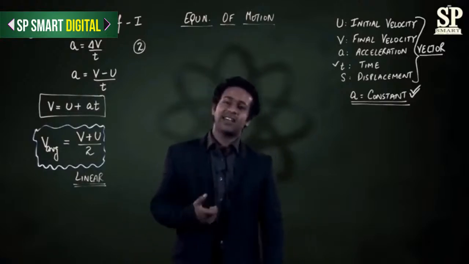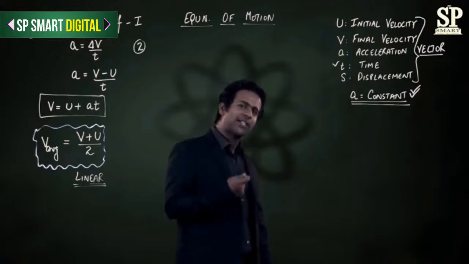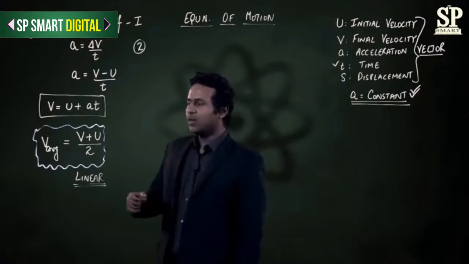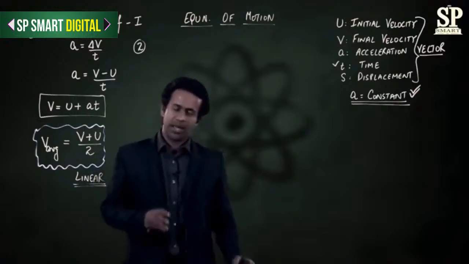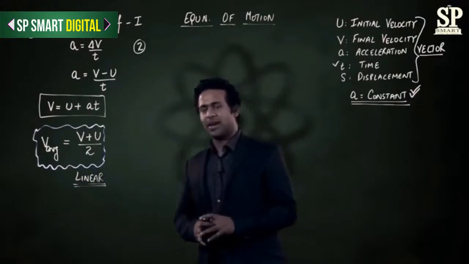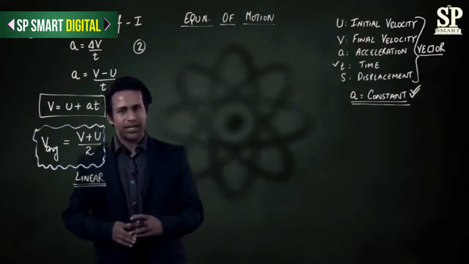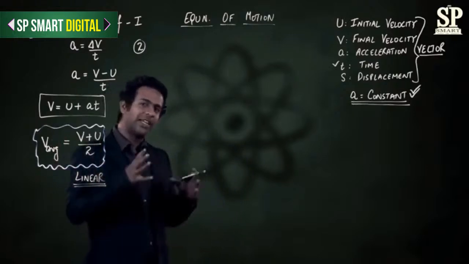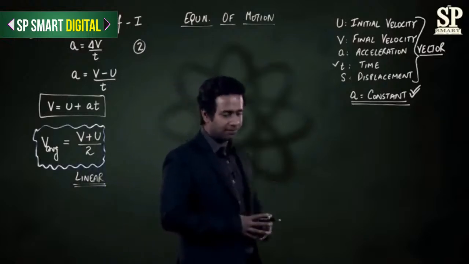Whenever acceleration is constant, the velocity curve is a linear curve, and in that case, the average value lies at the midpoint. Don't think about it too much. For now, you can accept this as a fact that as long as acceleration is constant, we can write the average velocity as the mean of the initial and final velocity.